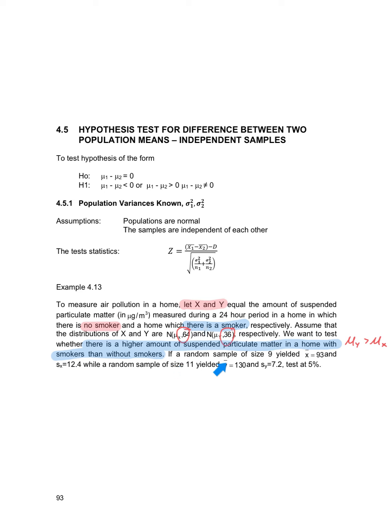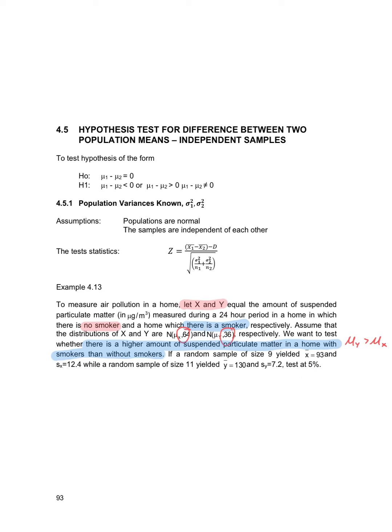We have a random sample of size 9 for X, the home with no smoker, with X bar 93 and standard deviation 12.4, while a random sample of 11 yielded Y bar equals 130 and S Y equals 7.2.